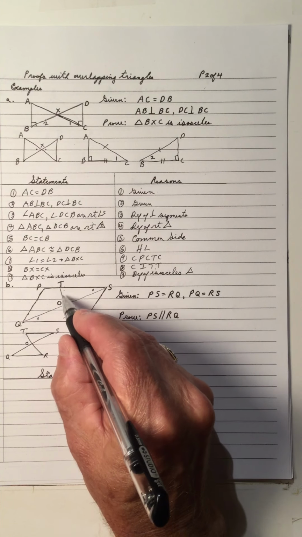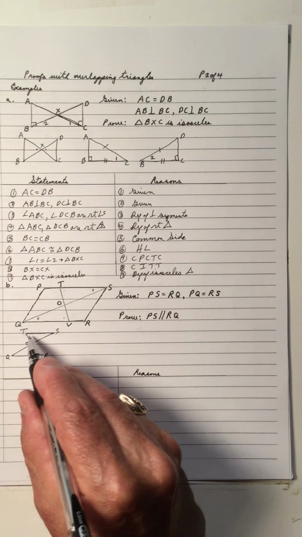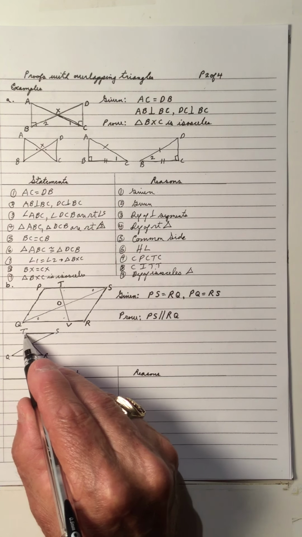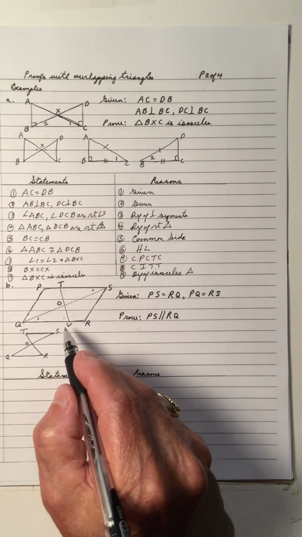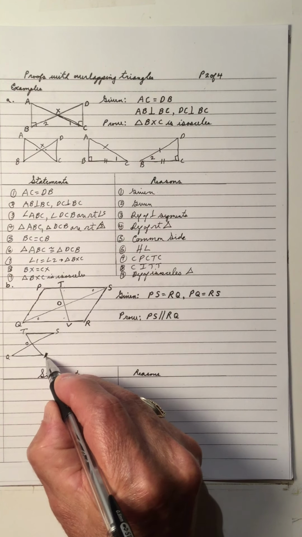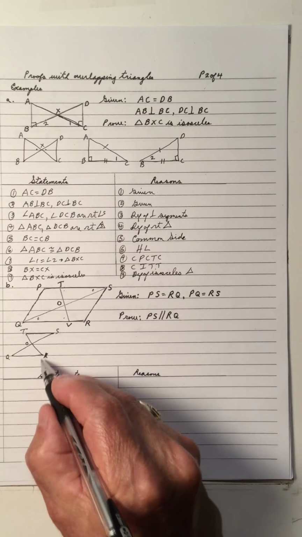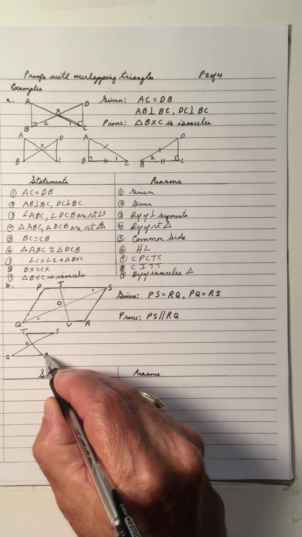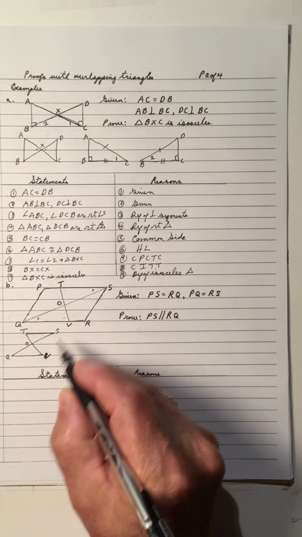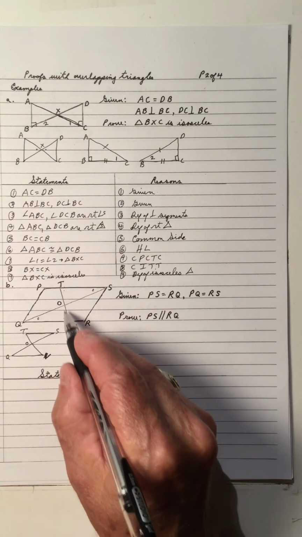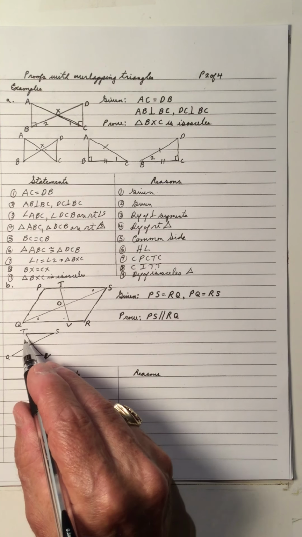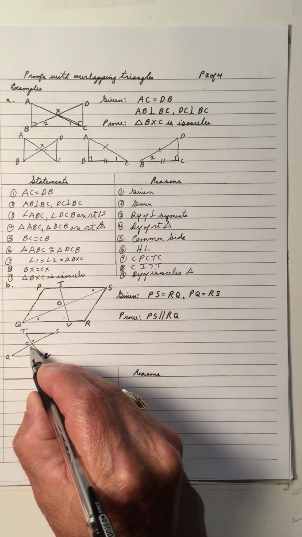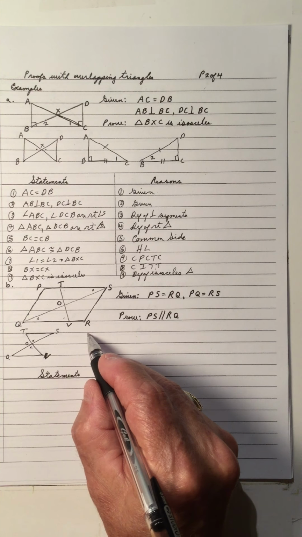The only thing we have equal here is that we have no sides equal, because PS is equal to QR, and that's part of these triangles. These two triangles right here, we have no sides equal, but only these two angles right here. So that's not going to be good to use.